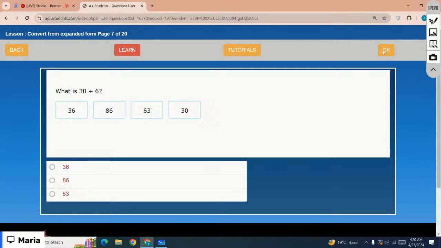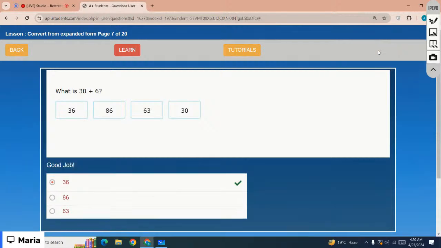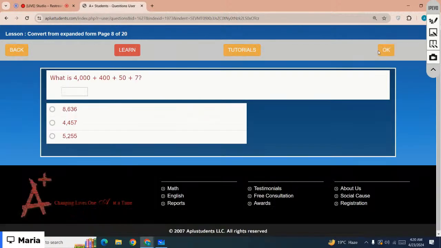What is 30 plus 6? Which is the correct option? The correct option is yes, 36 it is. Option number 1 is the correct option.